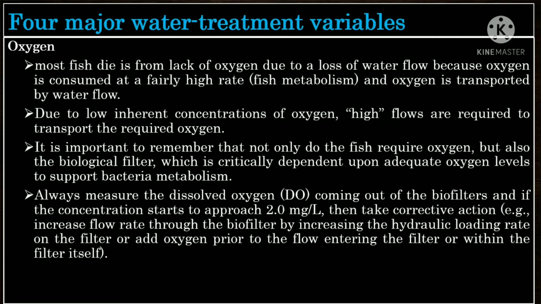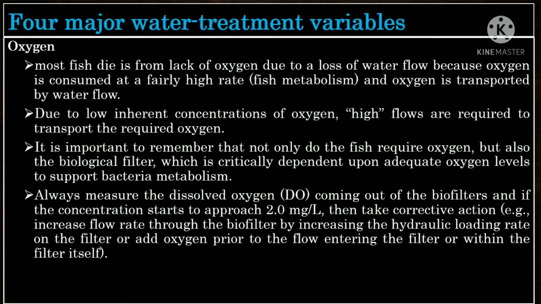The series of mass balance equations is used to determine the most restrictive parameter. It is important to remember that not only do fish require oxygen, but also the biological filter, which is critically dependent upon adequate oxygen levels to support bacteria metabolism.